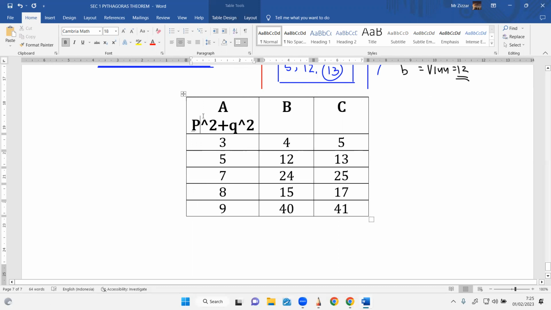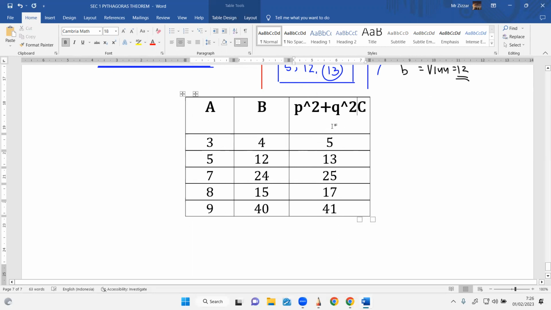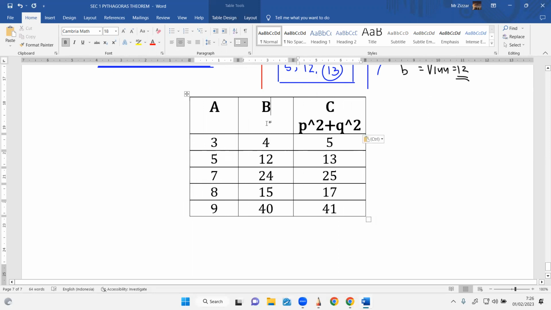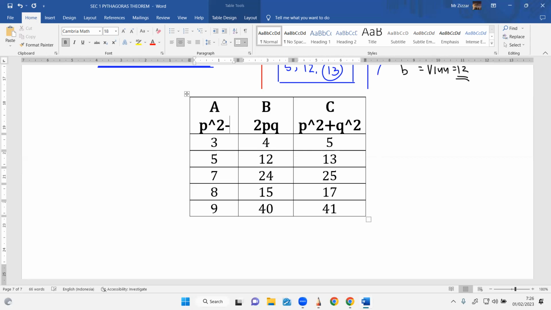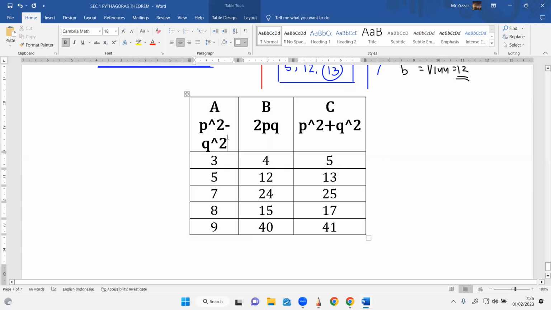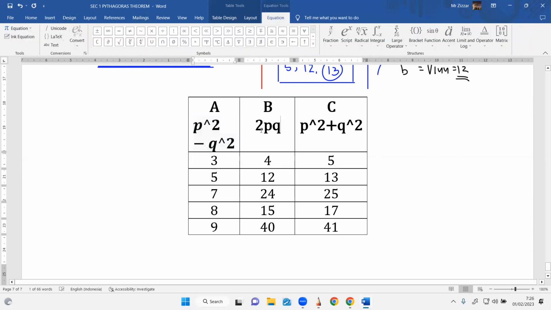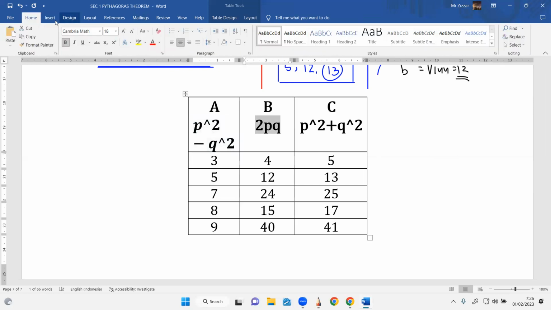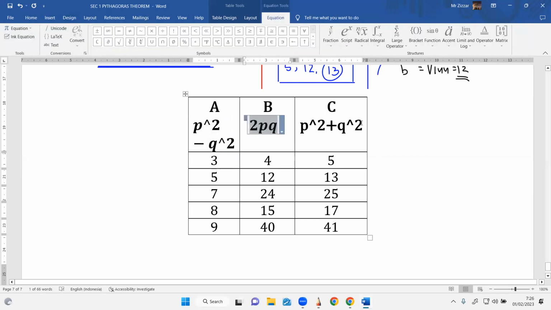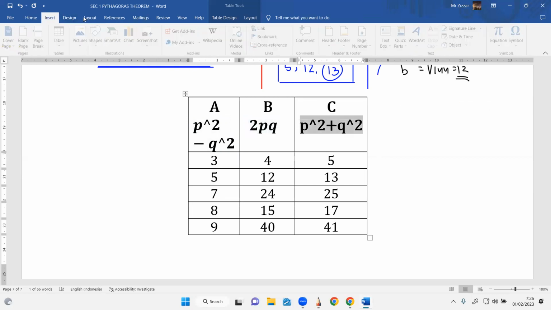Here, c is p square plus q square, this is 2pq, and this is p square minus q square. But again, don't memorize. This is only for those who are advanced. No need to use this formula. But if you want to, it's your choice.